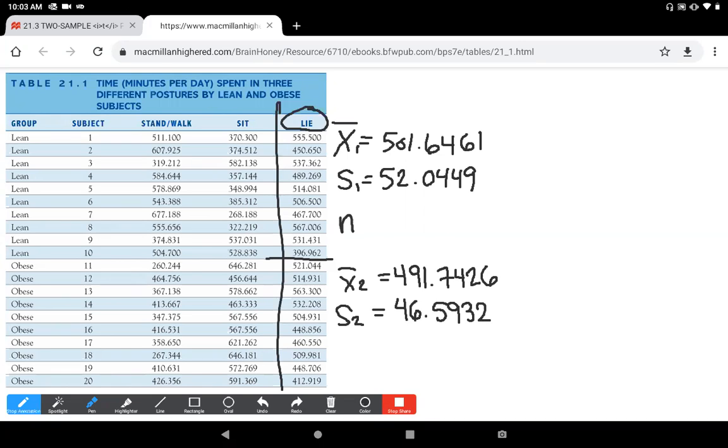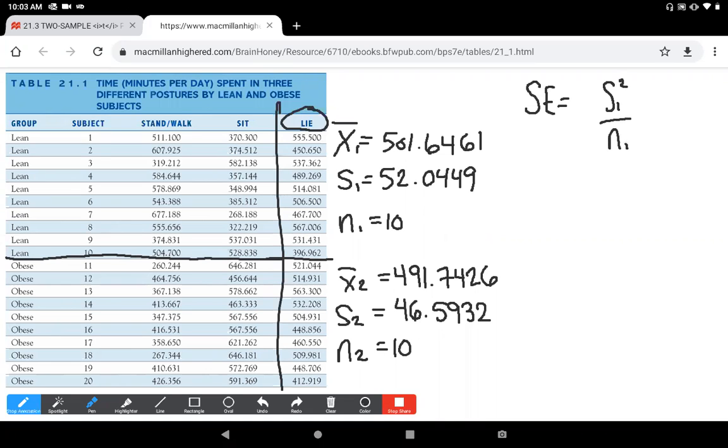Now, n1 is 10, and n2 is also 10, right? There's 20 individuals, 10 of which are in the lean group, the other 10 of which are in the obese group. The standard error for this problem is s1 squared over n1 plus s2 squared over n2, rooted.